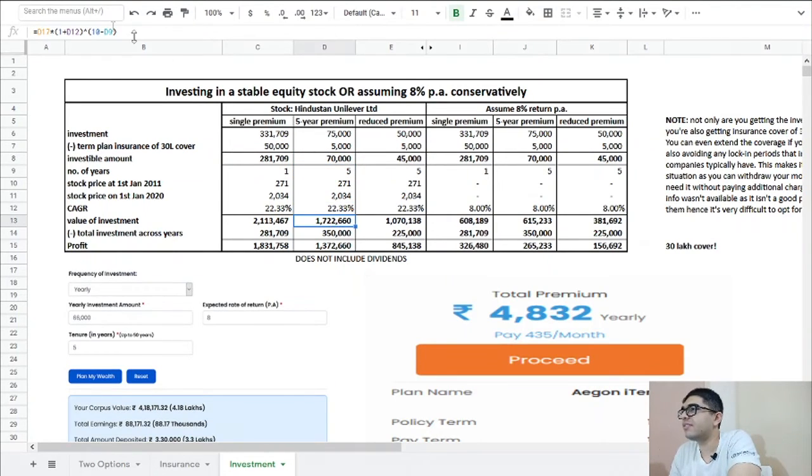So these figures, if you see, there's a blanked out column here, rather row here, which has these copy pasted figures, and that I have grown. So you can see this is grown at the CAGR for 5 years, right? I'm sure you can figure that out. And this is the total investment. Total investment क्या है?